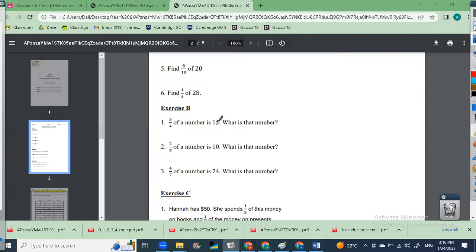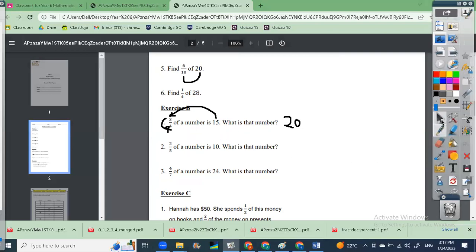In order to find this, we are going to do the opposite exactly. Up there, we used to divide the number by the denominator. Here we're going to divide the answer that we have by the numerator. So it is 15 divided by 3, which is 5. And then we multiply by the denominator, which is 4. So 5 times 4 is 20. So this is how we can find the original amount.